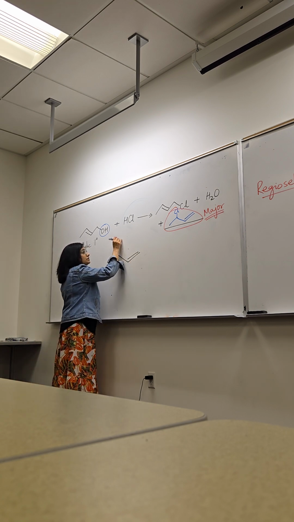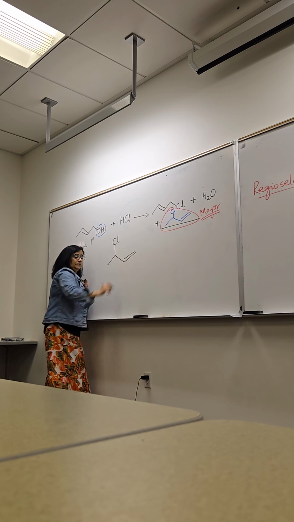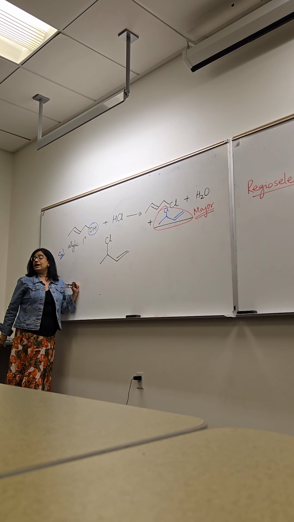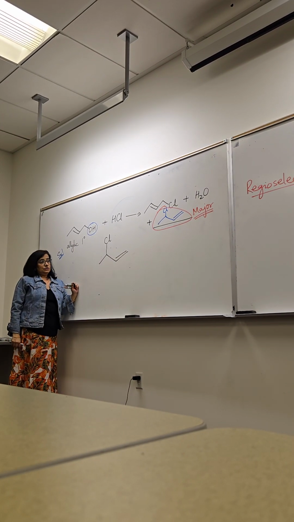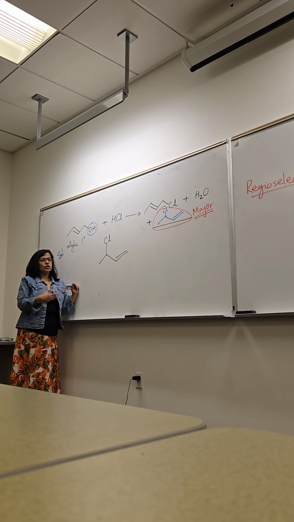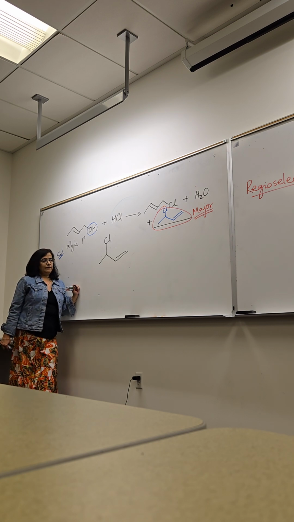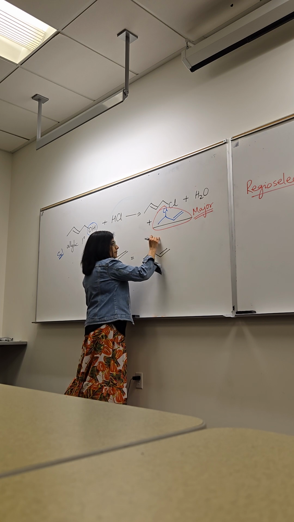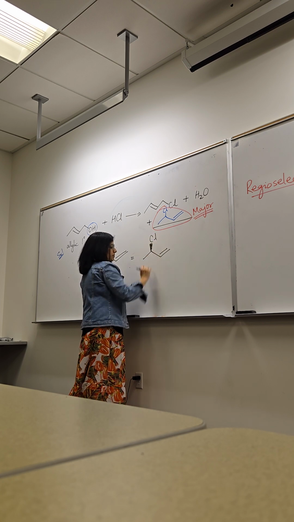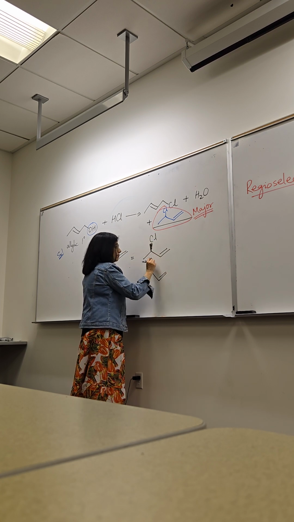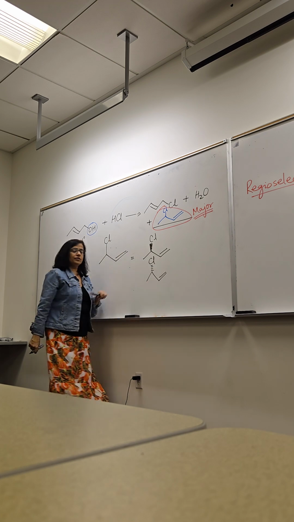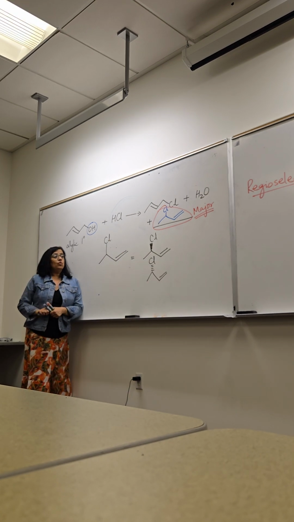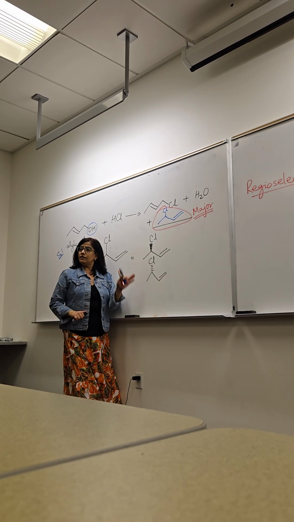Does it have a stereocenter? Yes. So how many of those will I get? 2. Which 2? Can you draw those 2 for me? R and S. Agreed? Is there one major than the other?